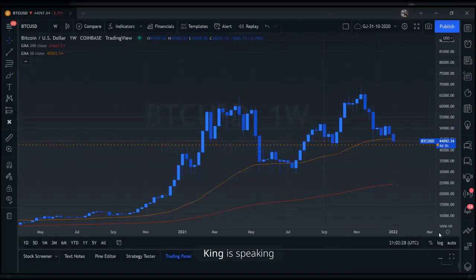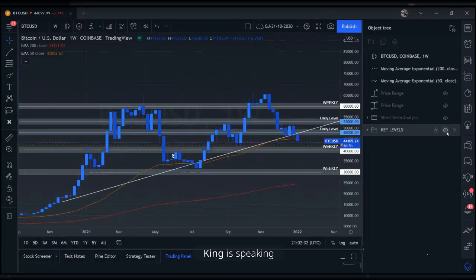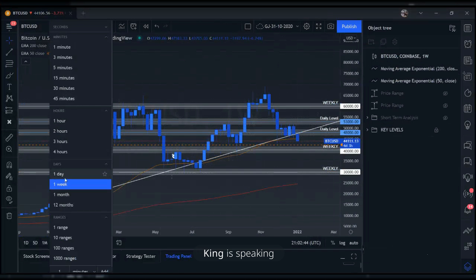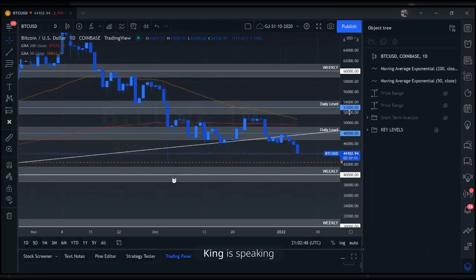So I'm just going to bring up my key levels again. Basic, we've got this trend line, this long-term trend line here. You can see that Bitcoin's just today started trading below it. On the weekly, it's looking a bit bearish. I have this alert down here.